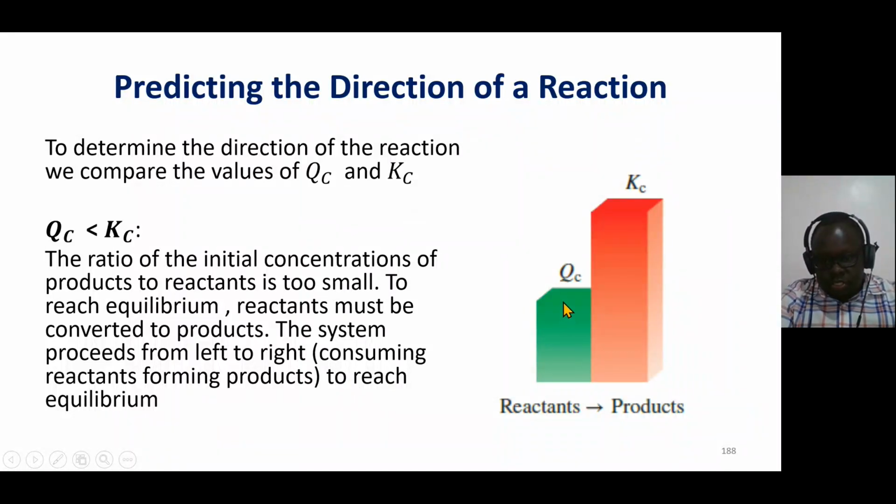So when Qc is less than Kc, reactants are converted to products so as to bring this to a level where it is equal to Kc as it moves towards equilibrium. That is the direction of the reaction.